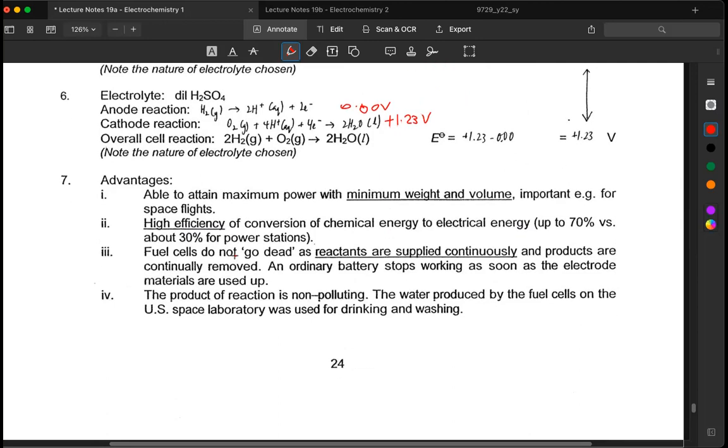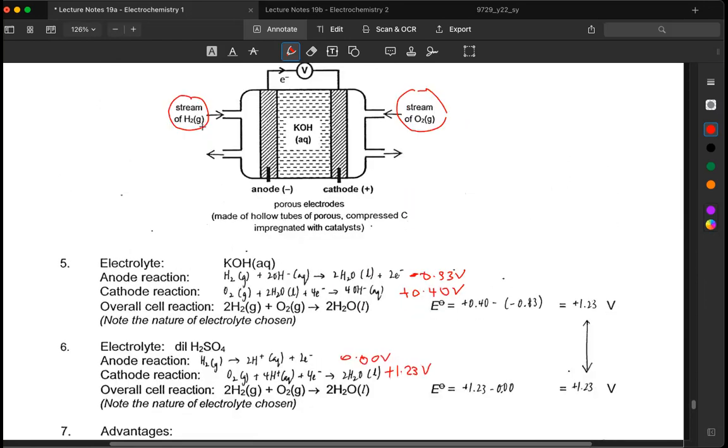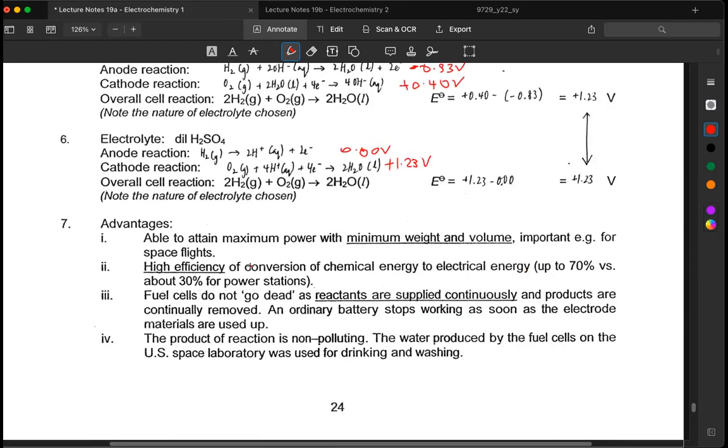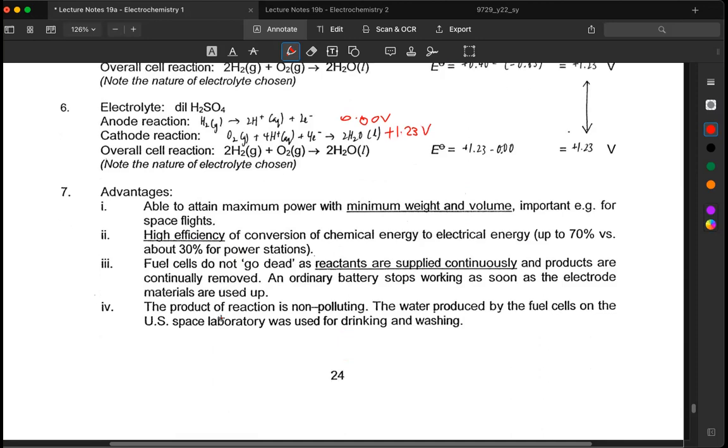The fuel cell won't go dead because you can supply the reactants continuously, and products can be continually removed. But for a battery, like at your home, it will just stop working when the electrode material is used up. But here it is continuous, so this is another advantage. High efficiency, maximum power, reactants supplied continuously. And of course, the product is non-polluting. In fact, you can use the water to drink and wash.